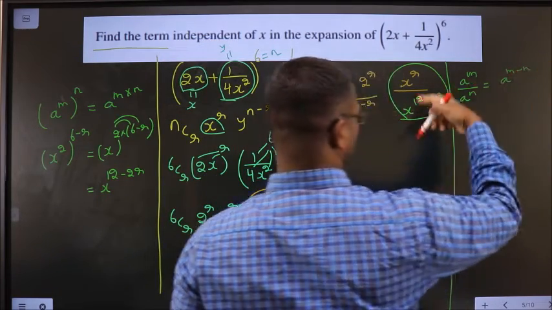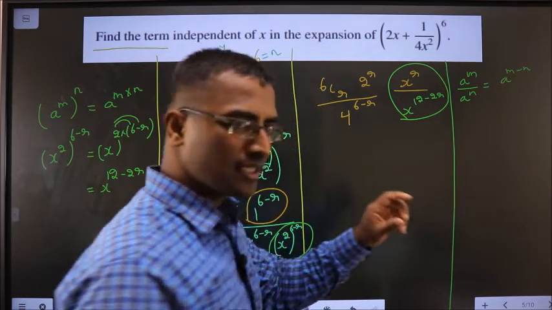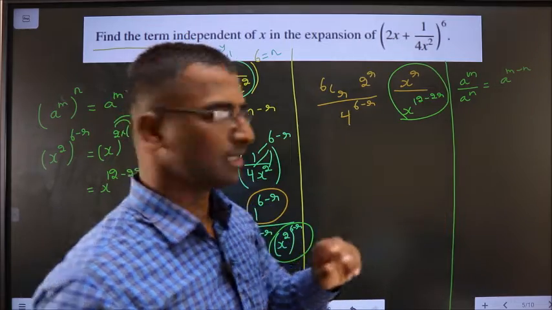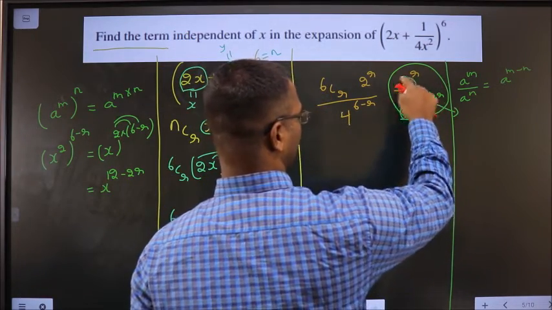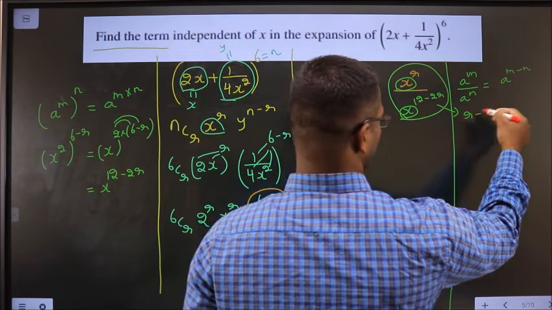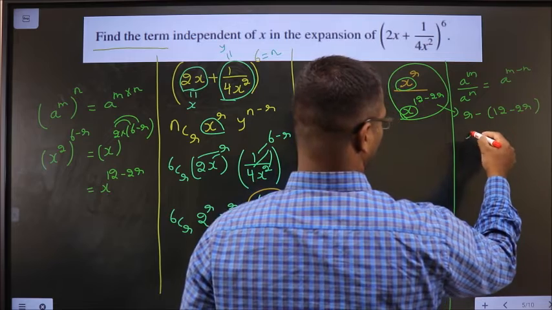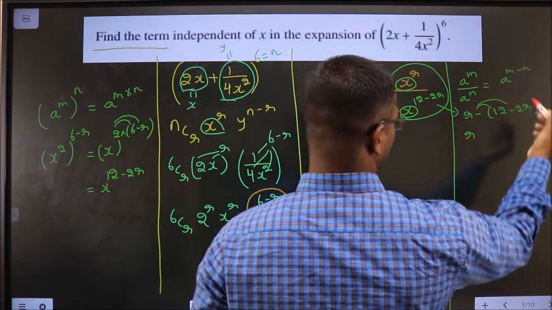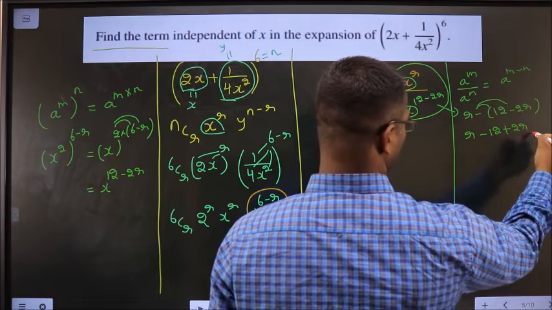Bases are same, division, so subtract the powers. So if I subtract, r minus (12 minus 2r), multiply with the negative sign, so minus 12 plus 2r.